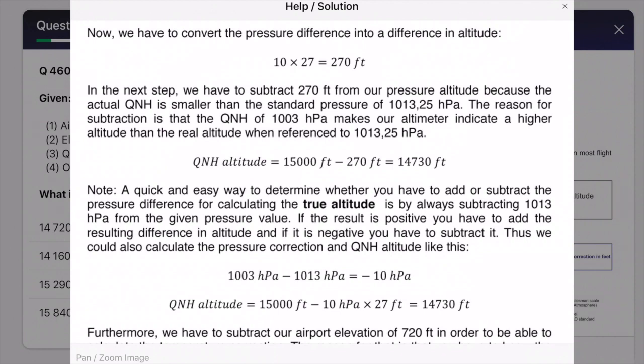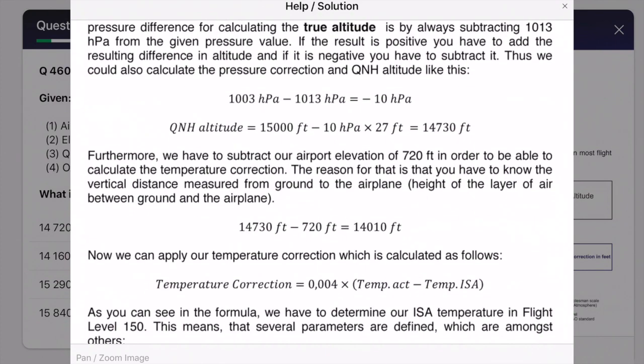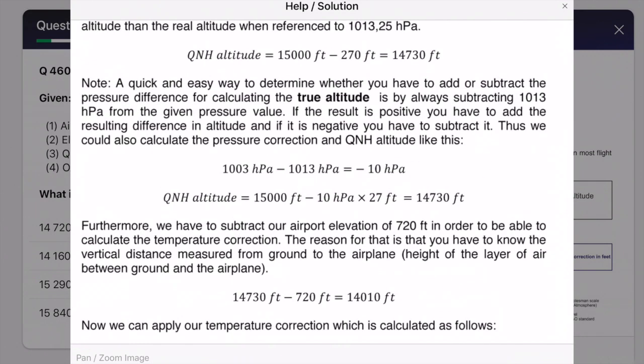Consequently, we could also calculate the pressure correction and QNH altitude as follows: 1003 hectopascal minus 1013 hectopascal equals minus 10 hectopascal. So you know that you have to subtract it. This means the QNH altitude is 15,000 minus 10 hectopascal times 27 feet equals 14,730 feet, which is exactly the same result as above.